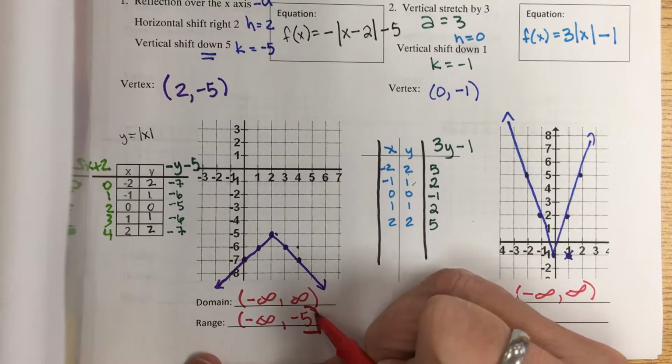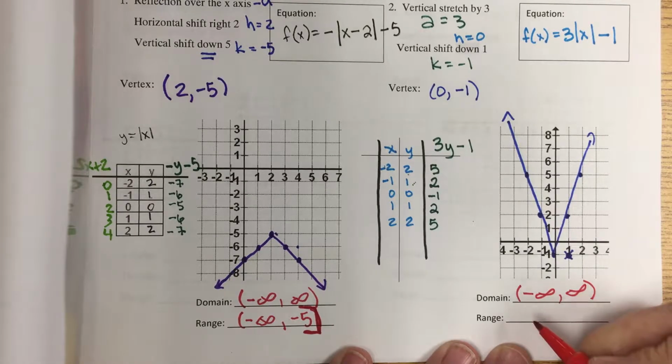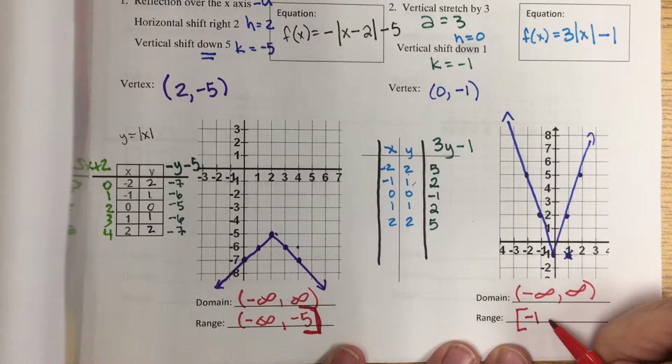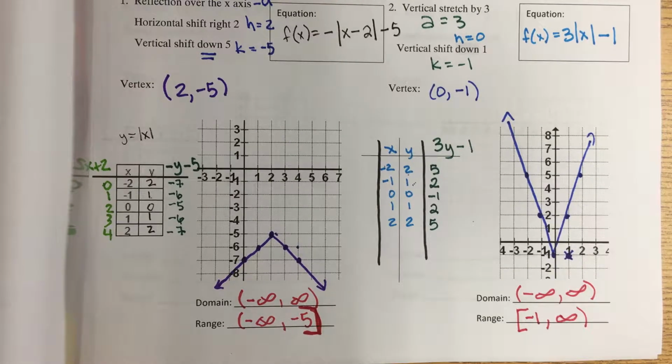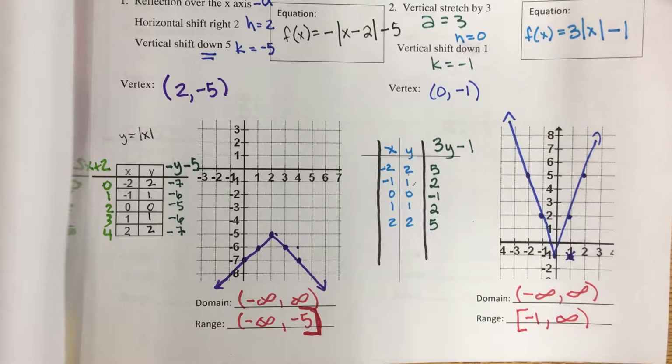Maybe you would have. That should have been an included negative 5, over here an included negative 1, and going up to positive infinity. Okay, so hopefully you've got that.